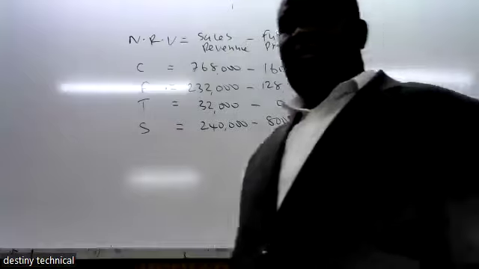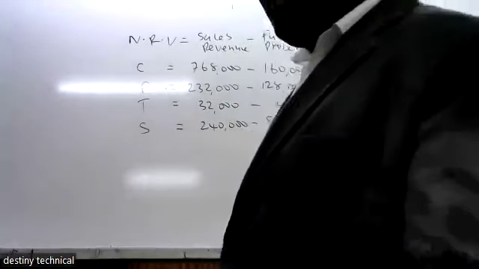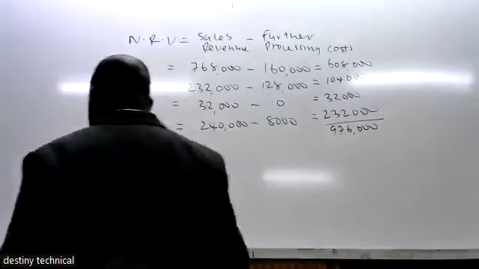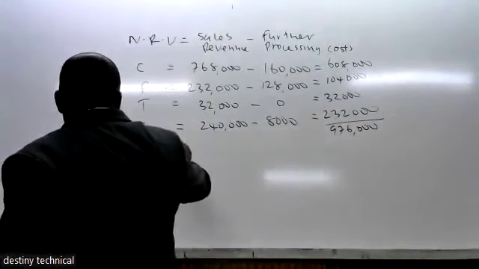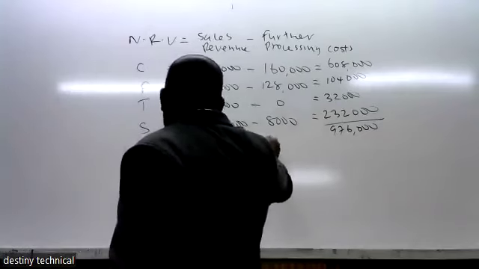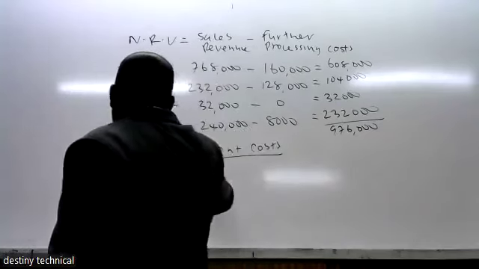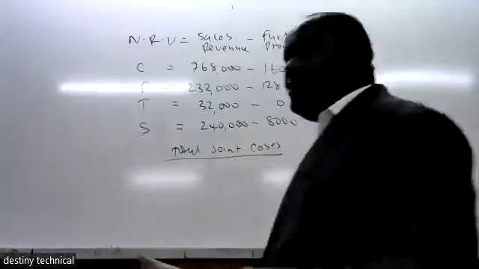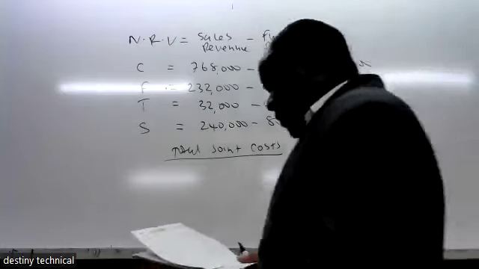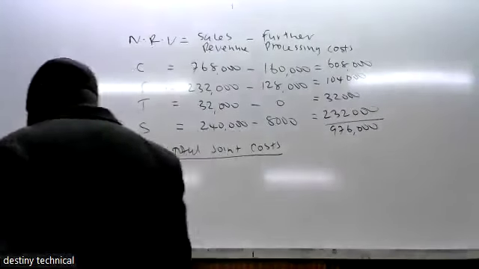So we also need to come up with the total joint costs. The first one is the raw material costs.